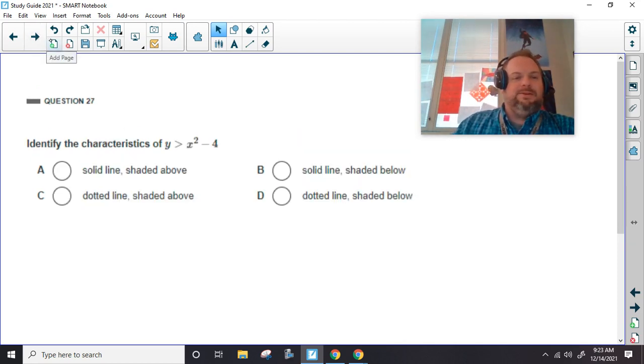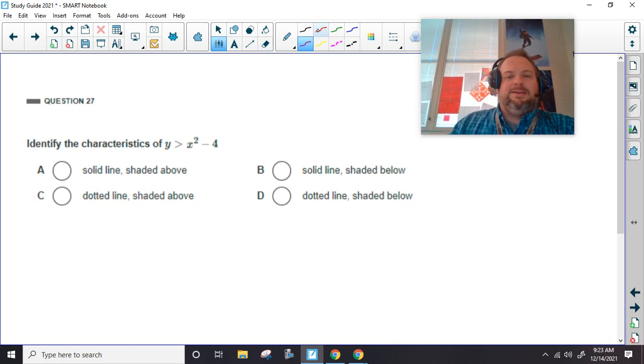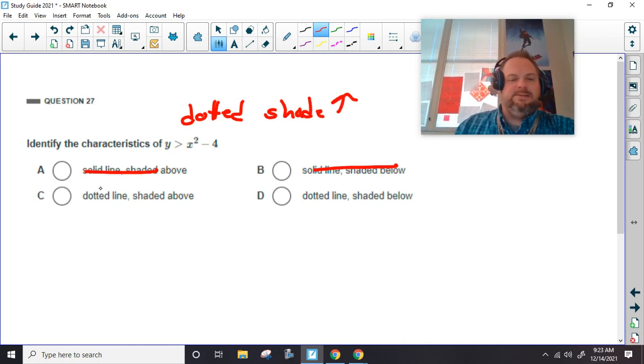All right. 27. Characteristics of this. Is this solid or dotted? Dotted. Shade above or below? Yep, shade up because the Y is being eaten.